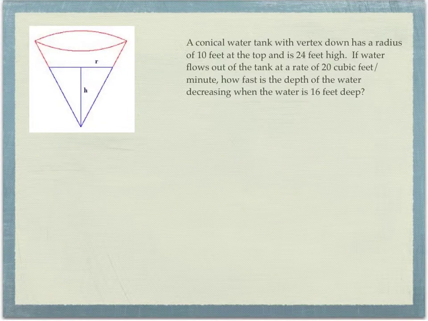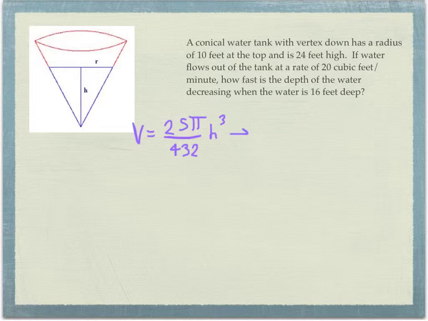Alright, so now when I actually find that derivative, it's going to be 25 pi over 432. All that's h to the 3rd, you might remember. I'm going to find the derivative of this, and by the way, this is what the volume equals. So when I try to find the derivative of that, remember that all of this stuff is a constant or a number.